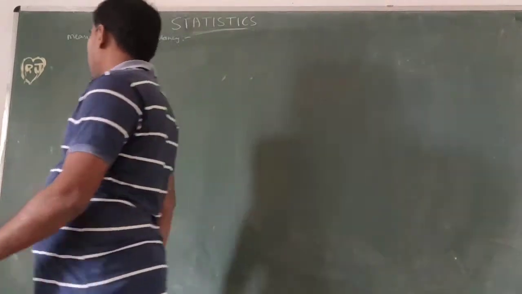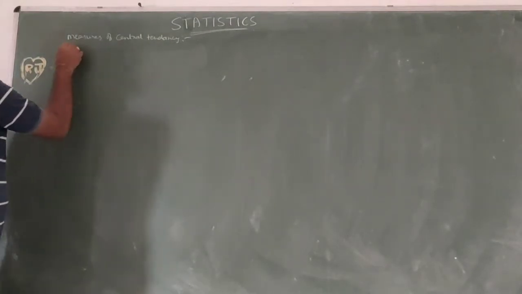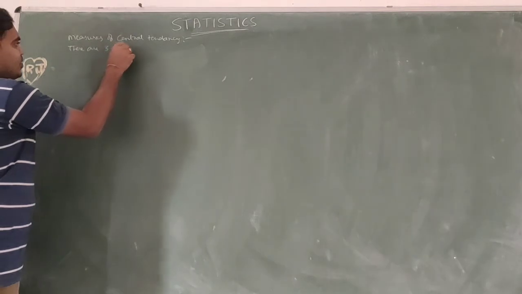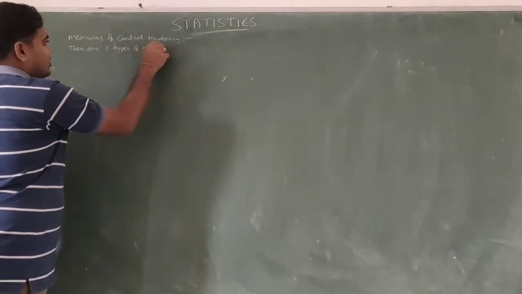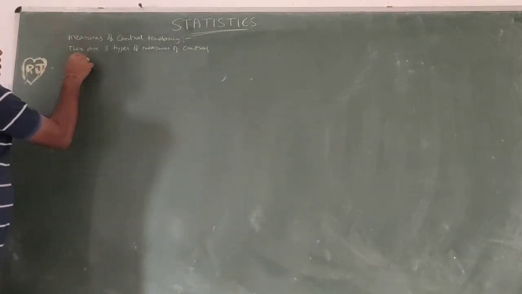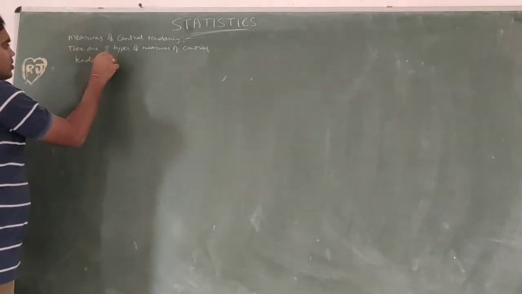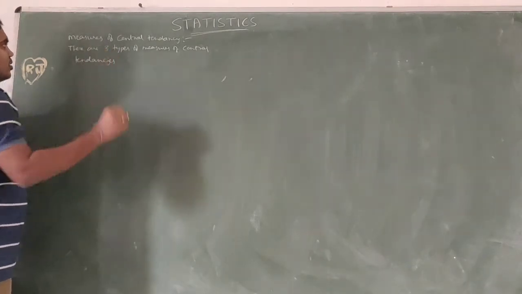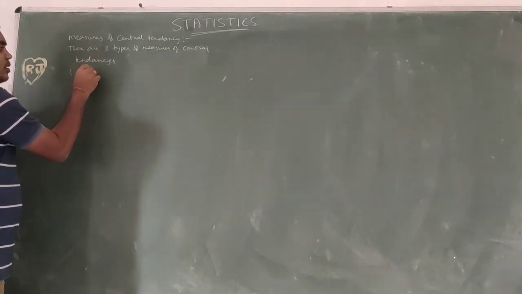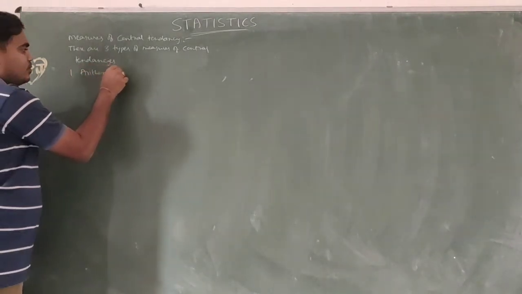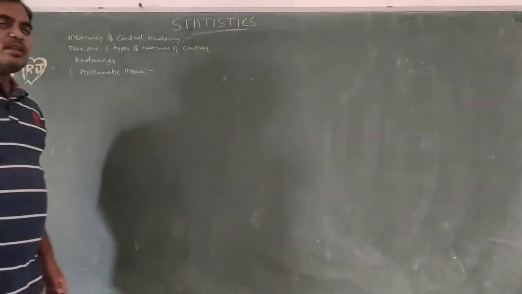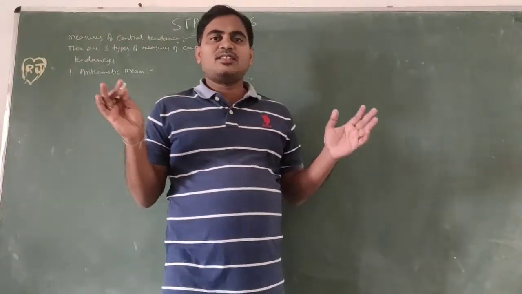So first, arithmetic mean. Arithmetic mean is nothing but, some observations are given.